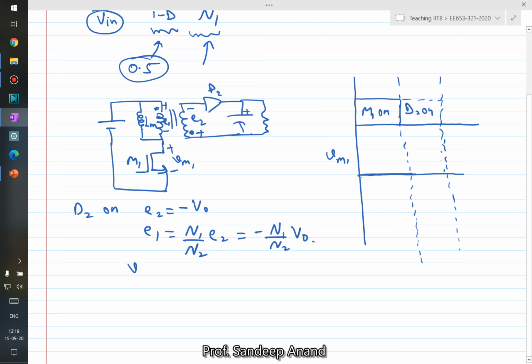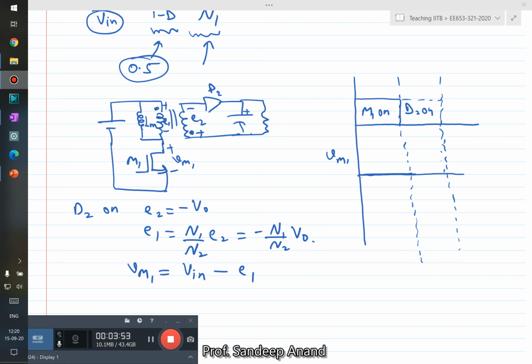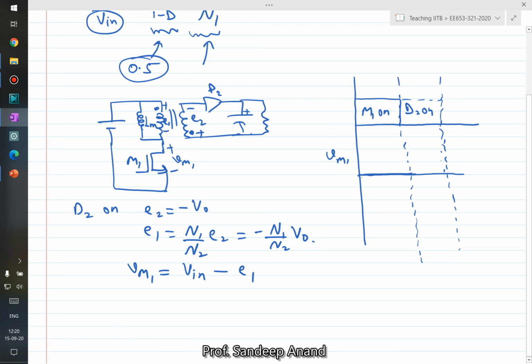And what is VM1? VM1 is given by Vin minus E1. If I substitute the value of E1 here, I can write this as Vin plus N1 by N2 times VO.